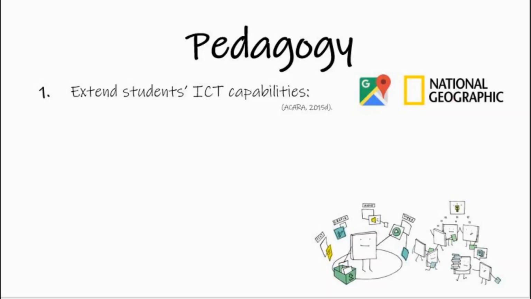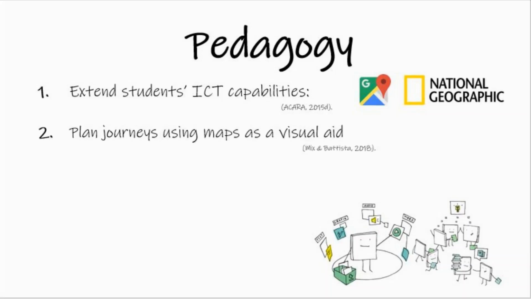Extend students' ICT capabilities and make the most of digital resources such as Google Maps and National Geographic. These can be projected onto small and large screens and allow students to toggle between street and aerial views. Display grid maps of the school ground and discuss pathways before moving from your classroom to other areas of the school. Students will need to mentally transform the shapes on the map to match the journey and the destination.